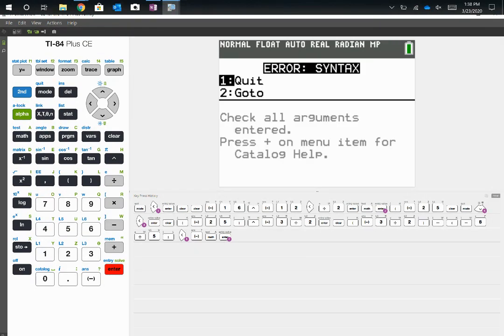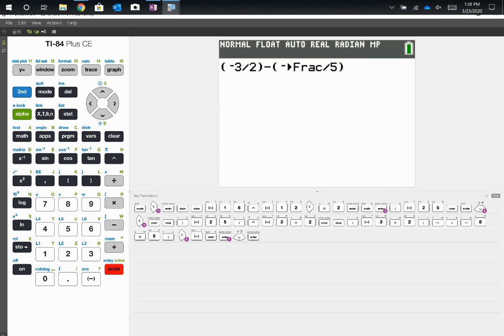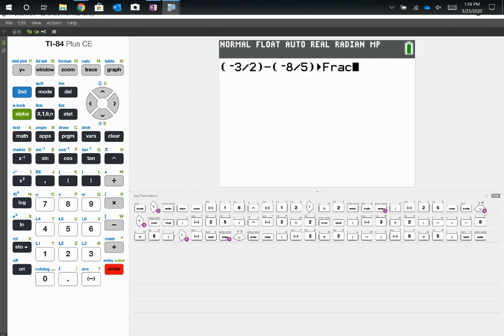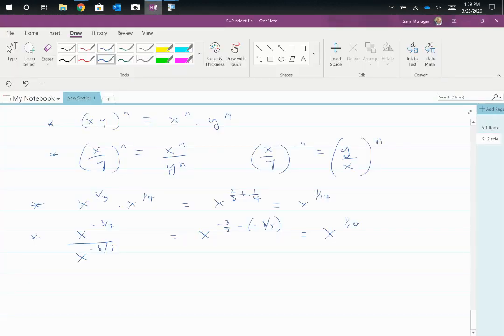Something is wrong. Let me go back to it. Okay, let's clear this and start over. Negative 3 divided by 2 minus negative 8 divided by 5. Math, enter, enter. And I get 1 over 10. And that's where this 1 over 10 came from on the power.